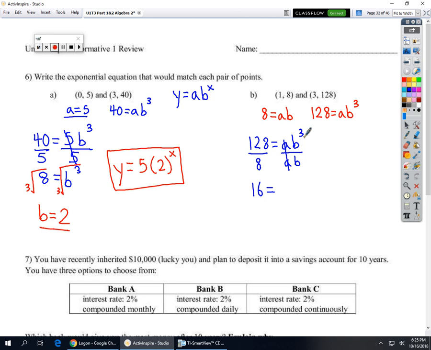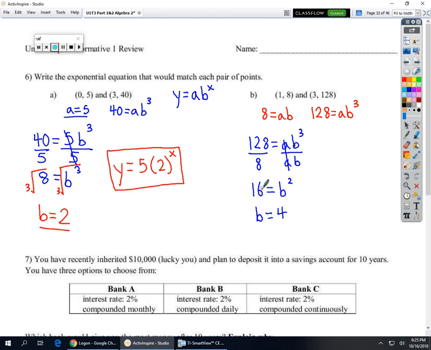I have 3 b's, divided by 1 b. That leaves only 2. Well, all right, b squared equals 16. What number multiplies by itself to get 16? I could use negative 4, but that's not going to help me here. So positive 4. So b would equal 4. That's because 4 times 4 is 16.